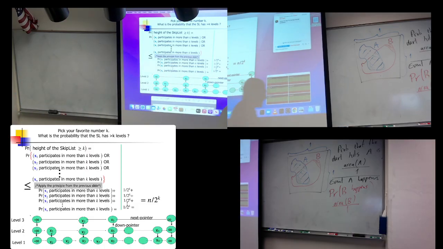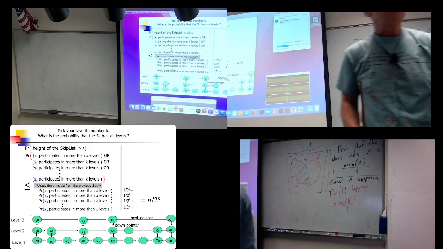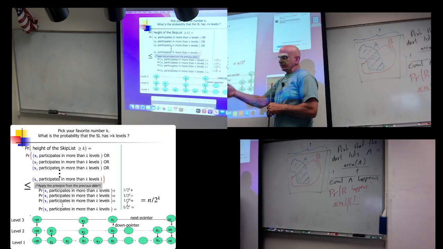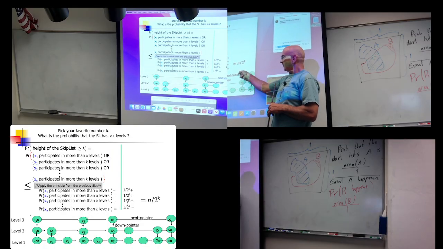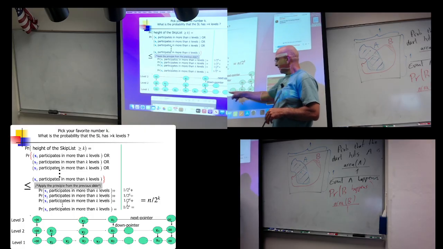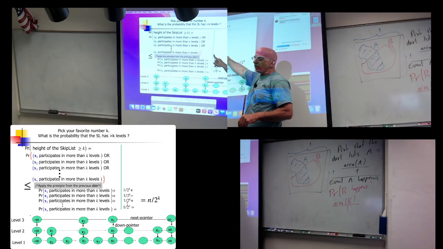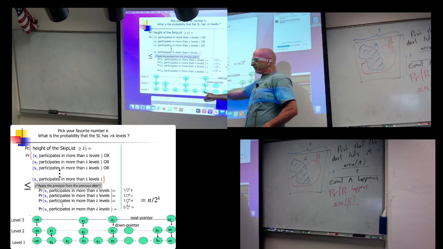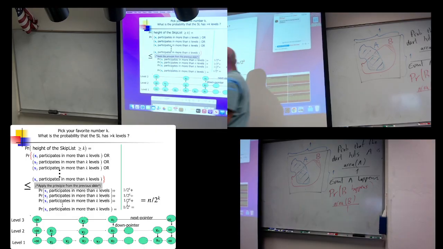So what I want to ask is, are there any really annoying elements that kept tossing the coin forever, creating many levels? It is possible that X5 created so many levels that it creates a really tall skip list by itself. Maybe it happens for X5 that it wants to be very tall.